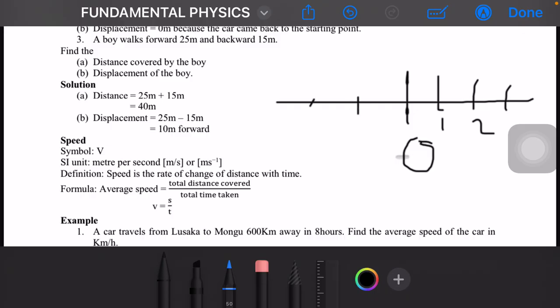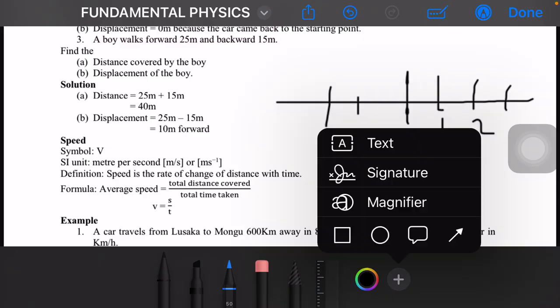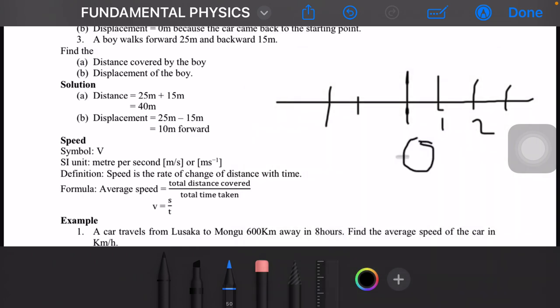Just like that. Then here you have negative 1, and you're going to have negative 2.